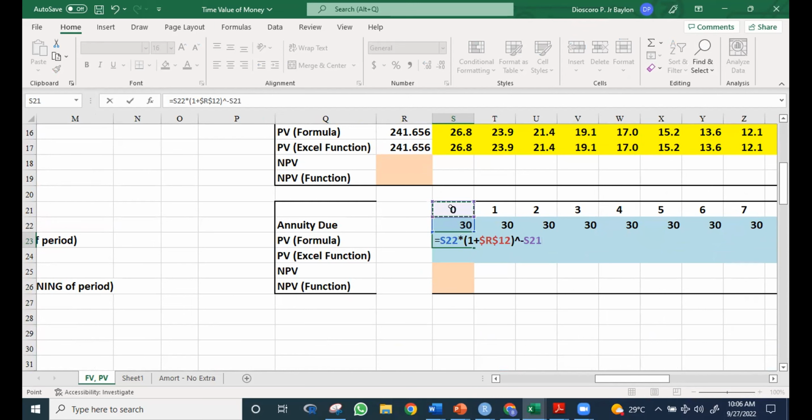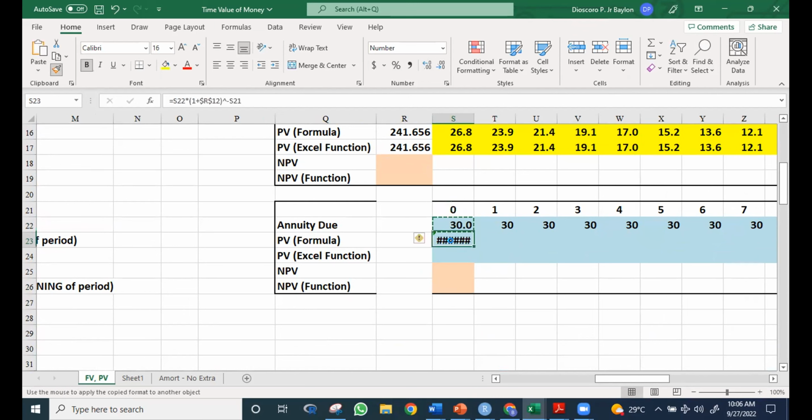So we start with immediately times 0, and we expect that to be 30. Why?